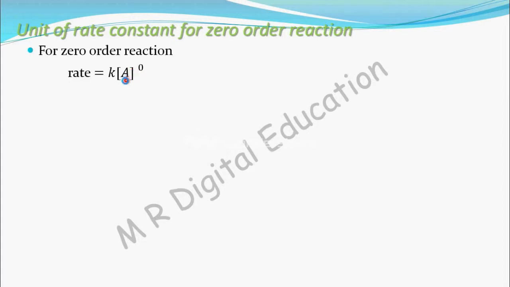Here concentration of A to the power 0 is 1, because any number to the power 0 equals 1. So now rate equal to K, that is K equal to rate. Now whatever will be the unit of rate, that unit will also be the unit of rate constant.